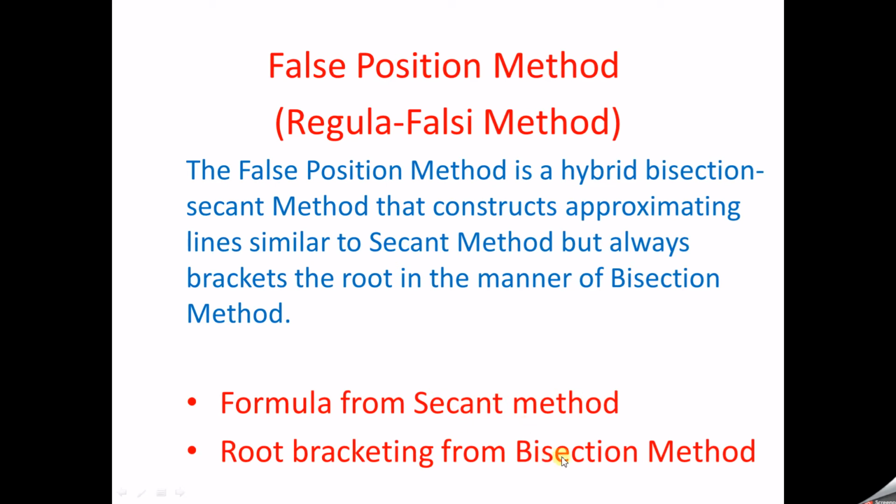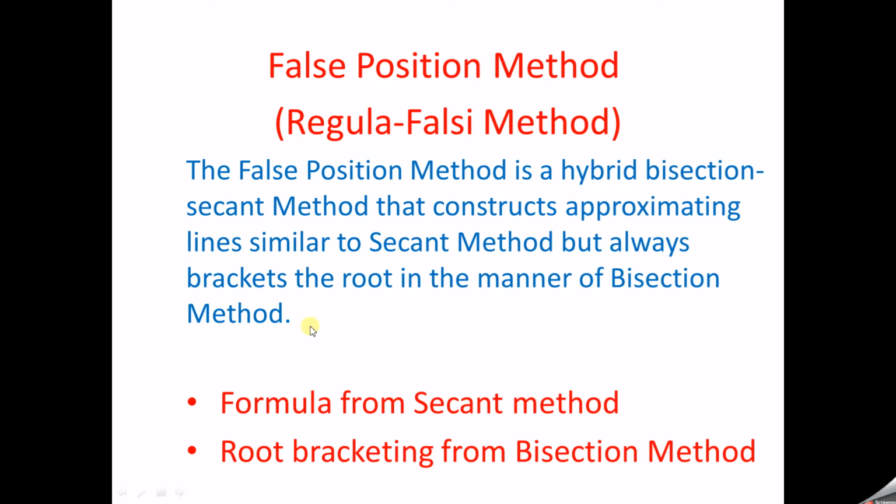If we combine these two positives, we come up with a new method, which is the false position method. The false position method is a hybrid bisection-secant method that constructs approximating lines similar to the secant method but always brackets the root in the manner of the bisection method.